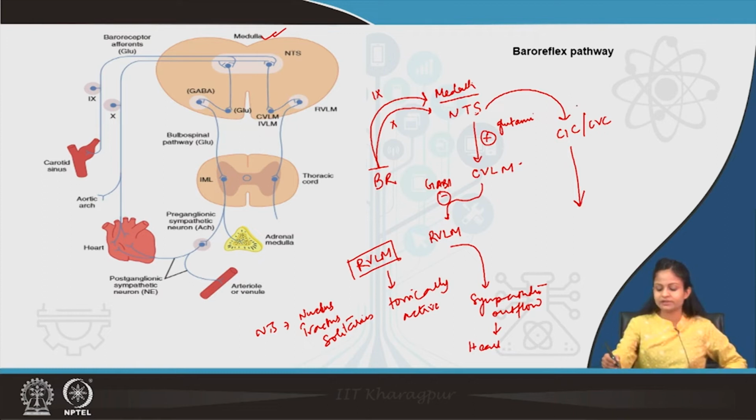When it gets stimulated, it causes more inhibition, that means a decrease in the heart rate. If it is less stimulated, or if there is inhibition of the cardiac inhibitory center, there will be an increase in the heart rate. So, the vice versa signals are passed through the parasympathetic fibers.